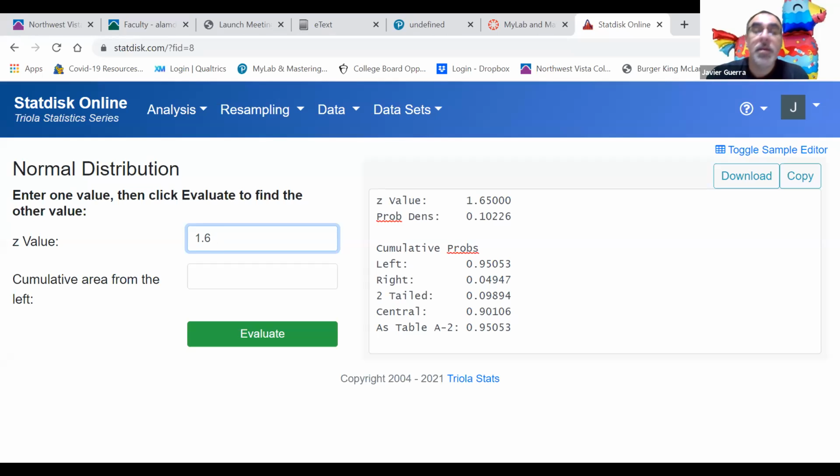And I'm going to put negative, that's the button next to the 0 key, right above the P, in between the P and the bracket. Negative 0.77. You see, if I don't hit evaluate, the previous number's still going to be there. So you have to be careful. Make sure that you hit evaluate.